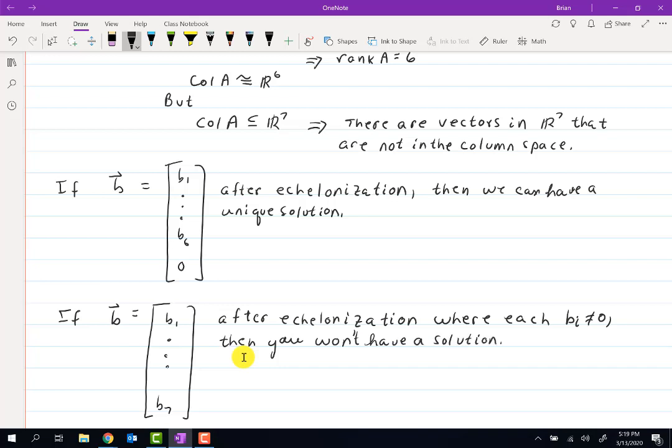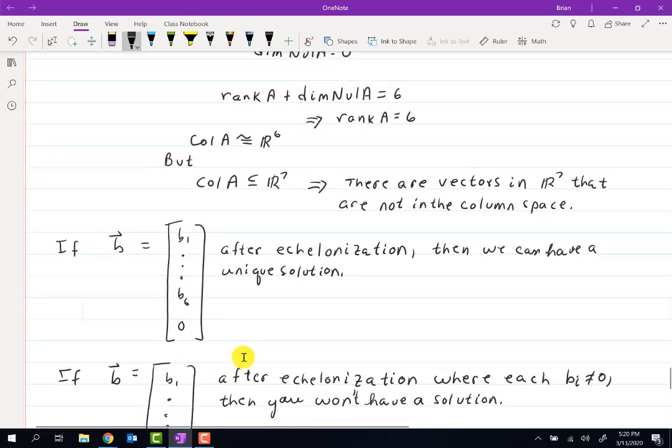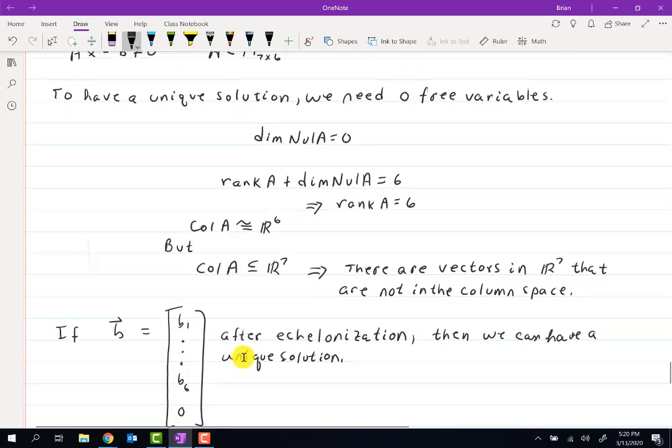In particular, what will happen is you'll get a matrix that'll look something like this. You'll have your B's, B1 to B7, but then when you go to the echelonization here, on the other side, you'll get a bunch of zeros in 6 columns.